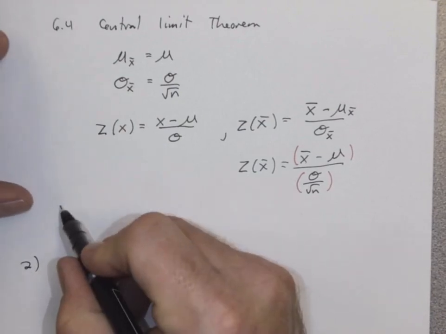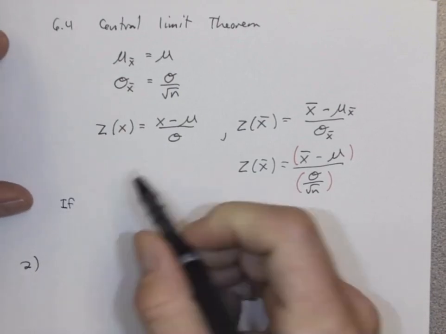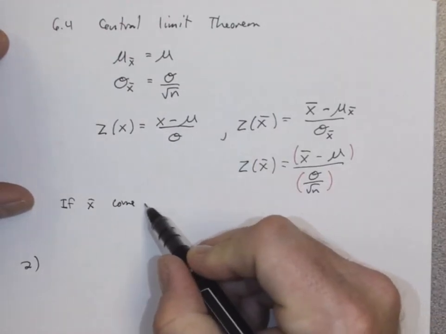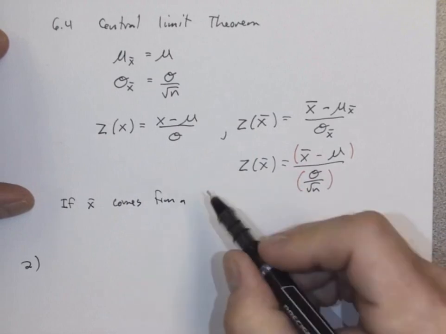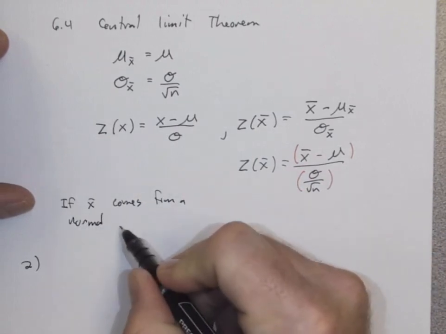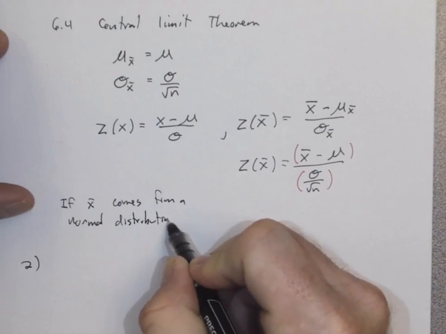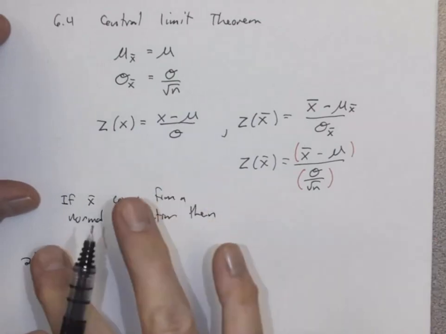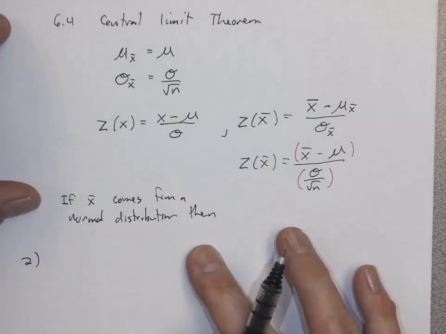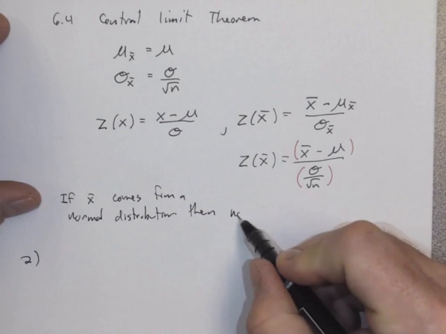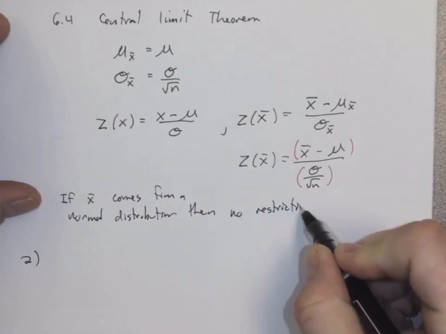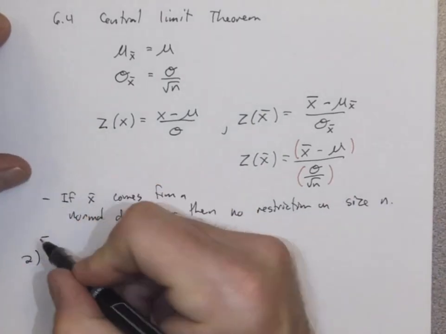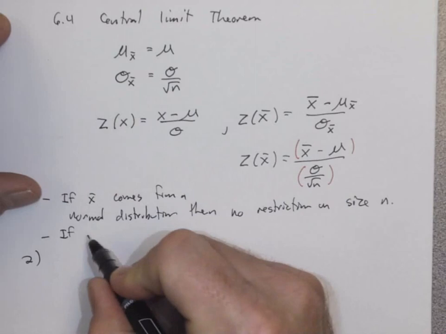One restriction is if x bar comes from a normal distribution, then all your x bars will also have a normal distribution. Then there's no restriction on size n.